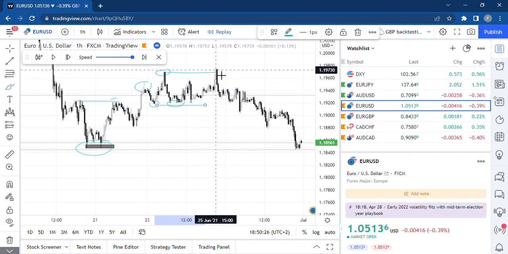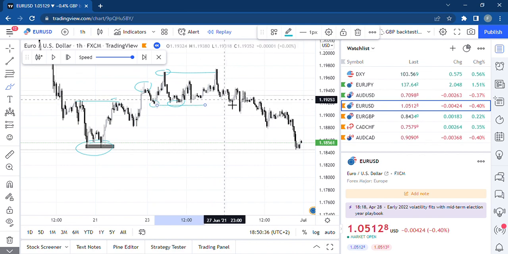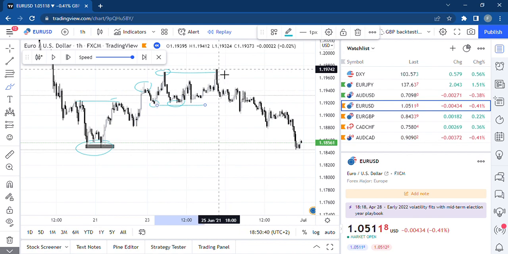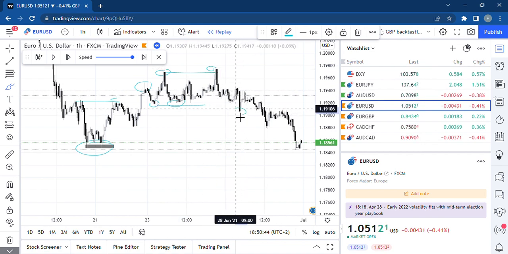Price eventually breaks the high, and now it doesn't break the high with momentum, as you can see, and therefore it comes back down and ends up breaking the low. And now we know this is a high, but this is its low.